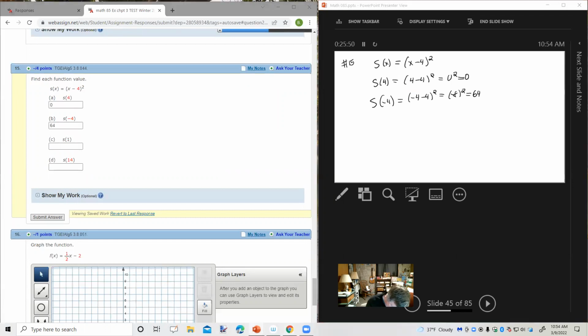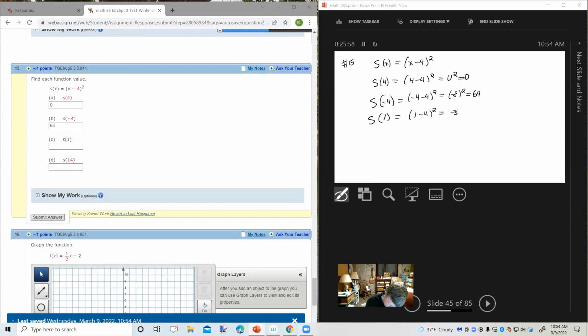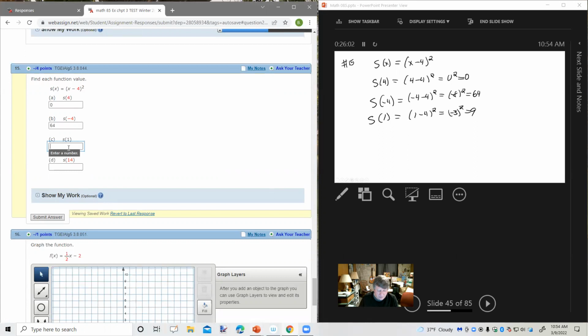Then we've got S of 1, which is 1 minus 4 squared, which is -3, the quantity squared, which is 9. Maybe it would have been better if I'd found all the answers and then gone back. Oh, well.